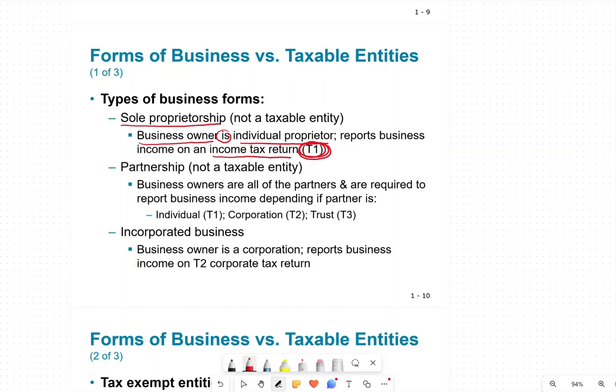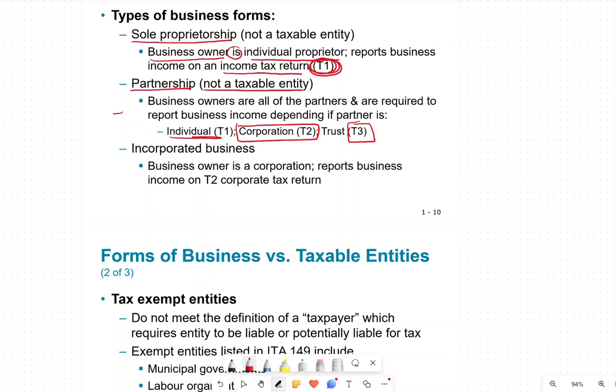A partnership is not a taxable entity, but you have to pay taxes, and the partnership's income will be part of your T1 as an individual. If you own a corporation, you will be filing a T2, and if it's a trust, you will be filing a T3.